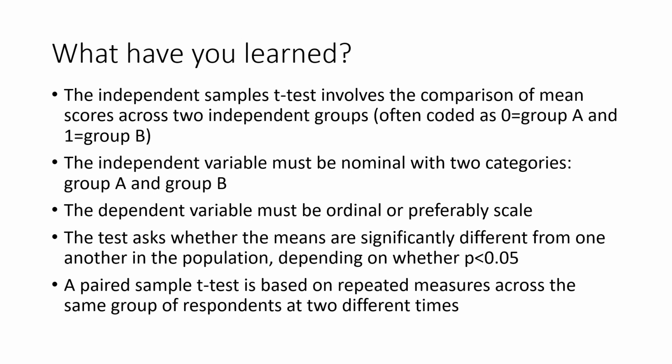Similarly, as we just looked at, the paired sample t-test is based on repeated measures at time 1 and then at time 2 within the same group of respondents. And again, we're looking at whether or not those two mean scores from time 1 to time 2 are statistically different from one another.